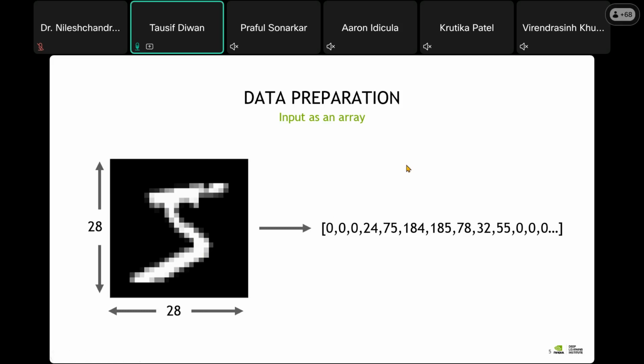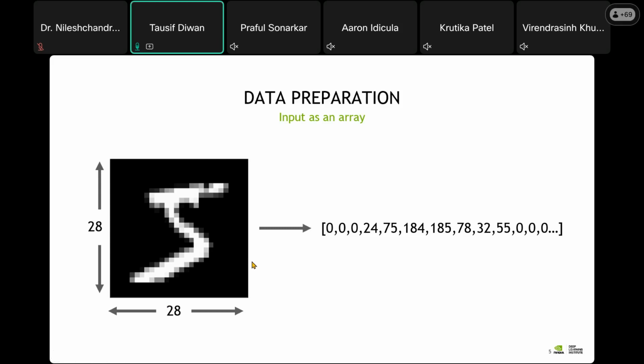Generally, input data is associated with the variable X, and generally the label is represented with the variable Y. So this is our data. You can see this is a black and white image. If it were a colored input, then 3 channels, like RGB, would be there. In that case, the shape of the data would be 28 by 28 by 3.